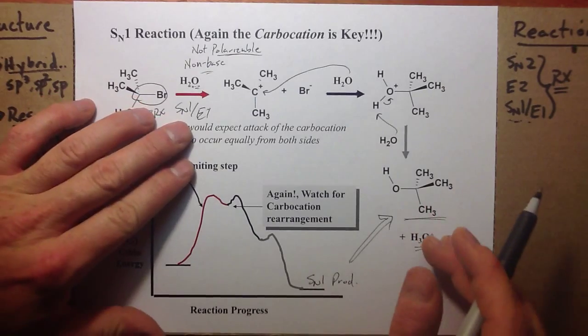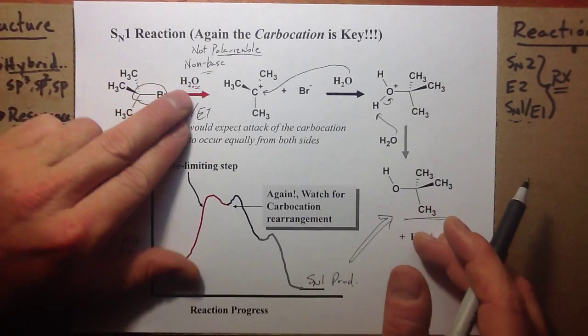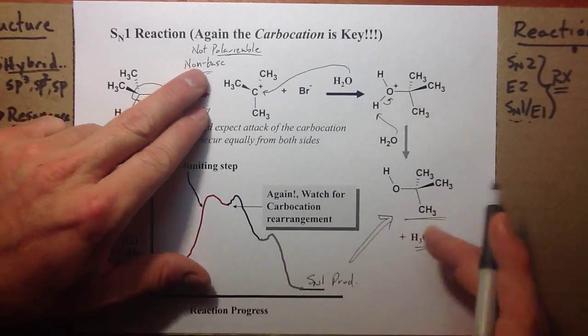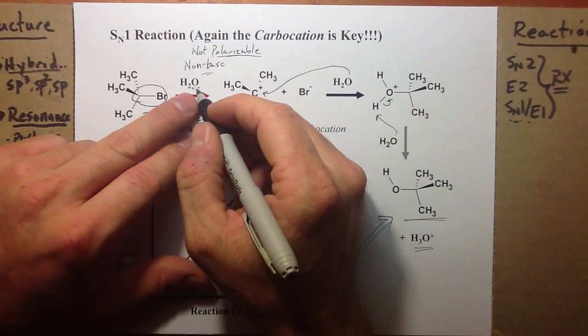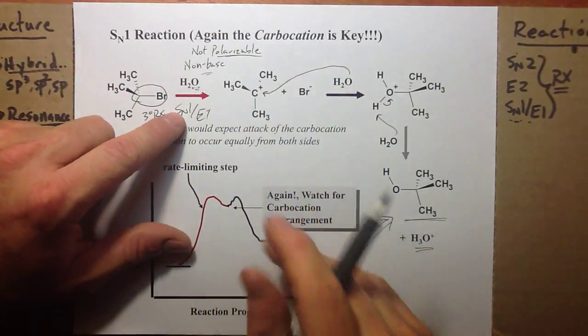That was our E1. So again, at just standard temperatures for these non-basic, non-polarizable nucleophiles, we're going to just have a mixture of SN1 and E1.